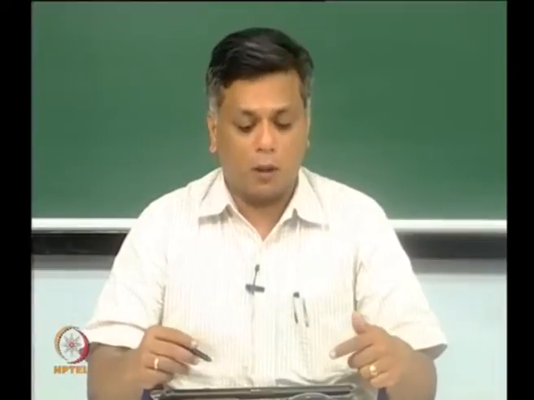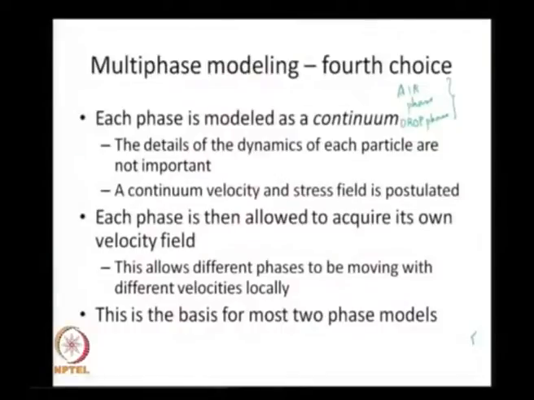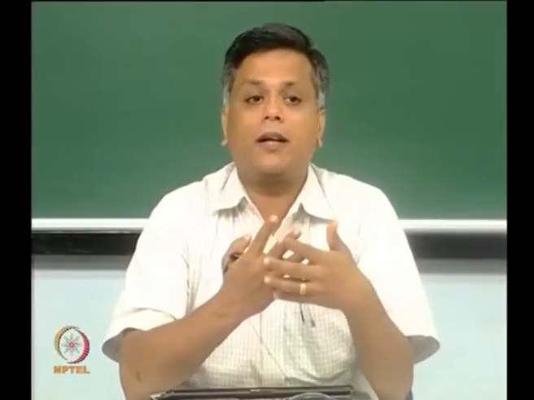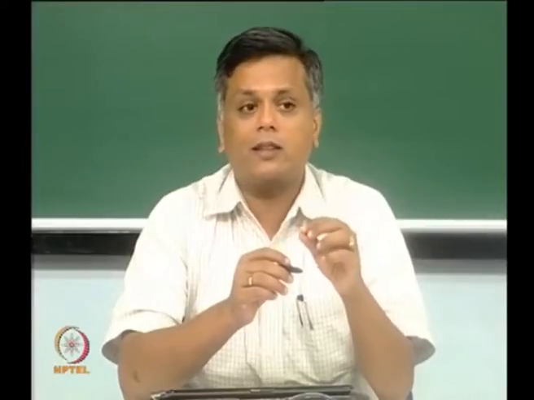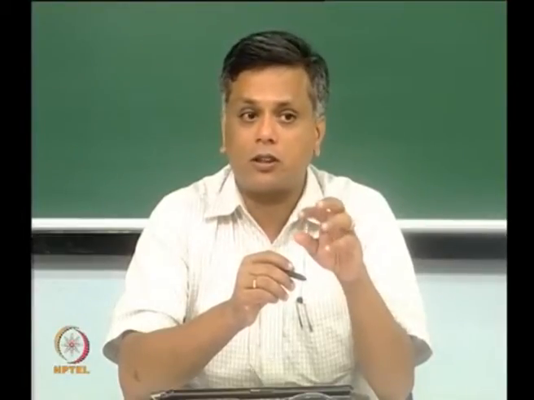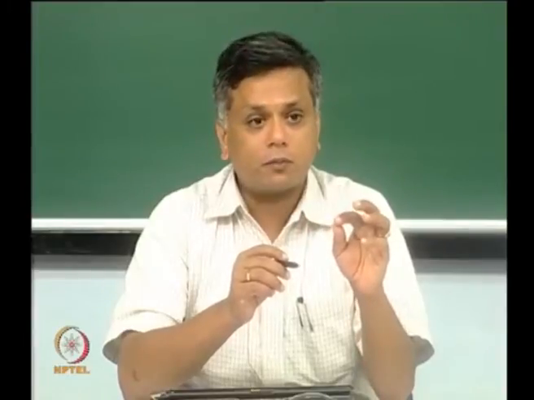So, the fourth choice is a model where each phase is allowed to be modeled as a continuum, except that these two continua are interpenetrating. That is, at every point I have this alpha d, a volume fraction that tells me the fraction of the spatial region that is occupied by the drop phase, and 1 minus alpha d as the fraction of that spatial region that is occupied by air.